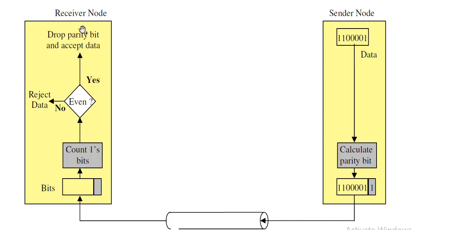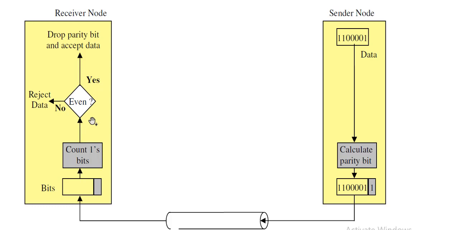Now the receiver side will receive some bits, and it has to check if an error happened. It will do the same thing as at the sender side. It will count the number of ones inside the packet. If it's even, which means that we have respected the rule, then the packet most probably has not been corrupted, which means that no error has happened, but only with a probability.